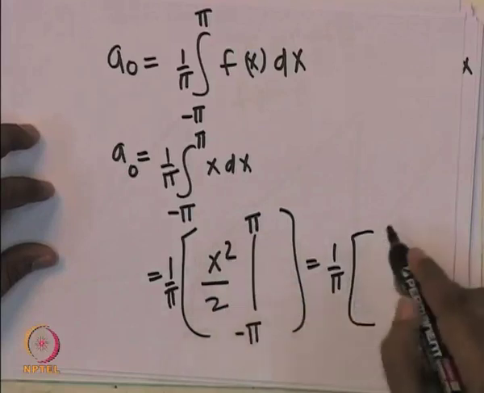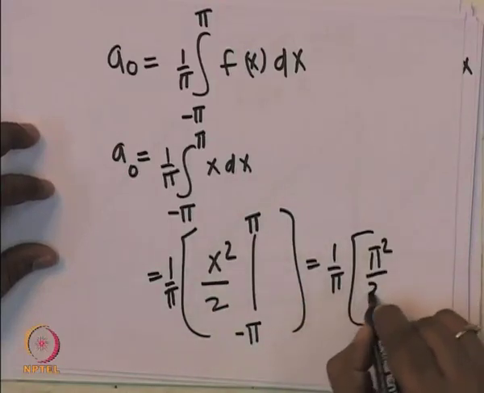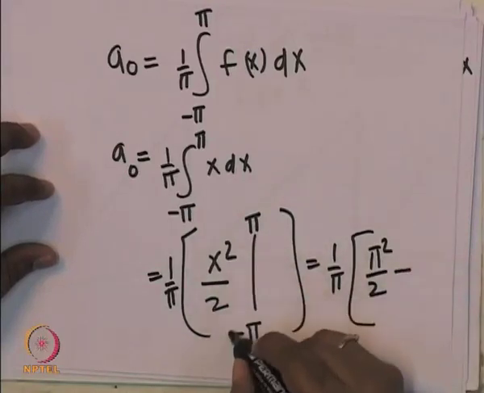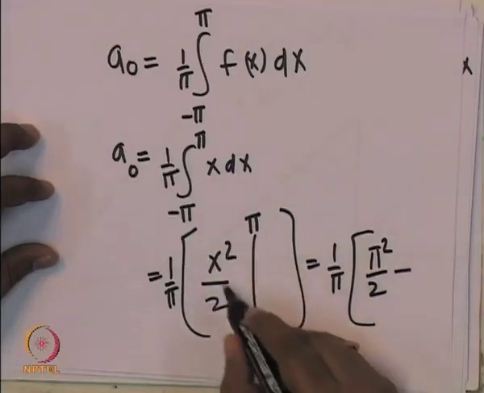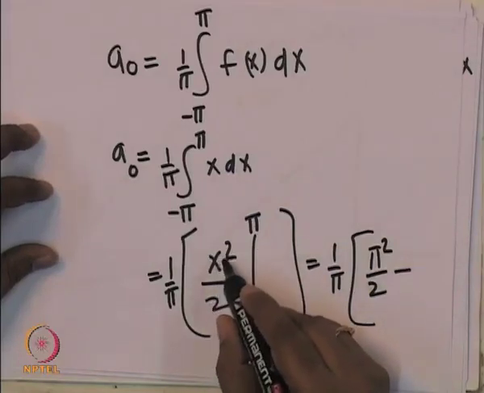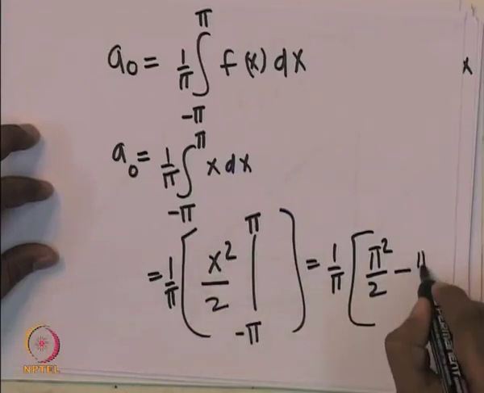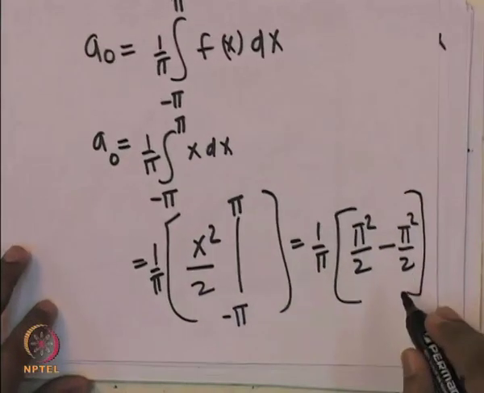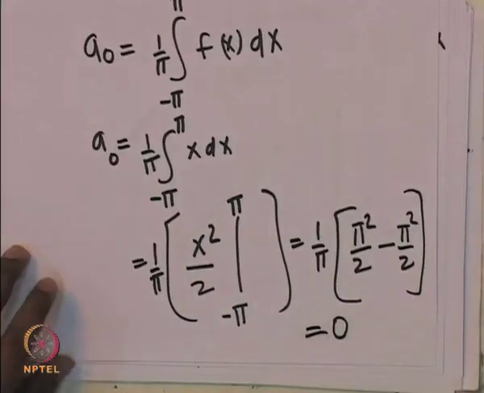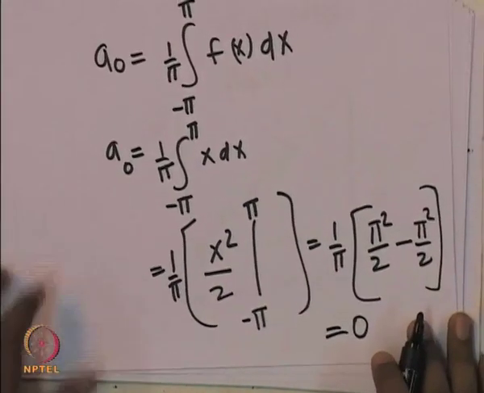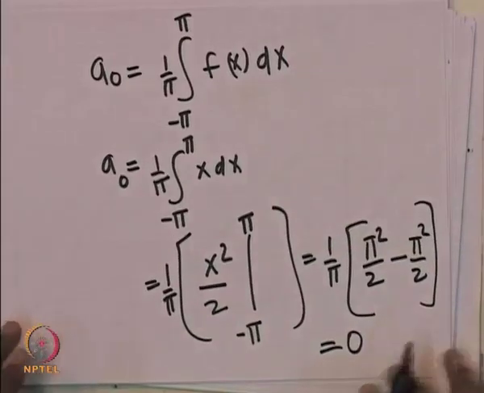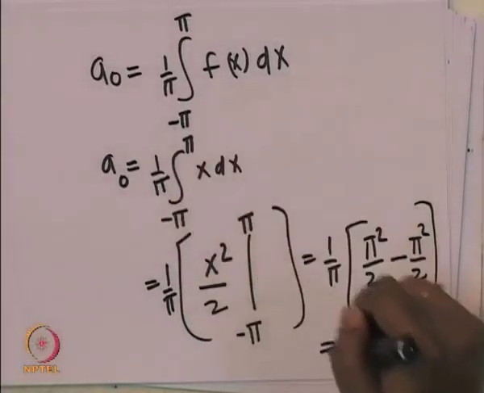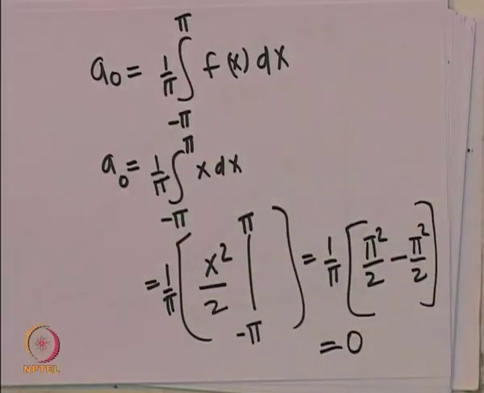So, it is pi square by 2 minus, when x is equal to minus pi, it is minus pi whole into minus pi, which is pi square by 2 itself. So, it is pi square by 2 minus pi square by 2, which is 0. So, it turns out that a 0 is 0. That is what I have written here.